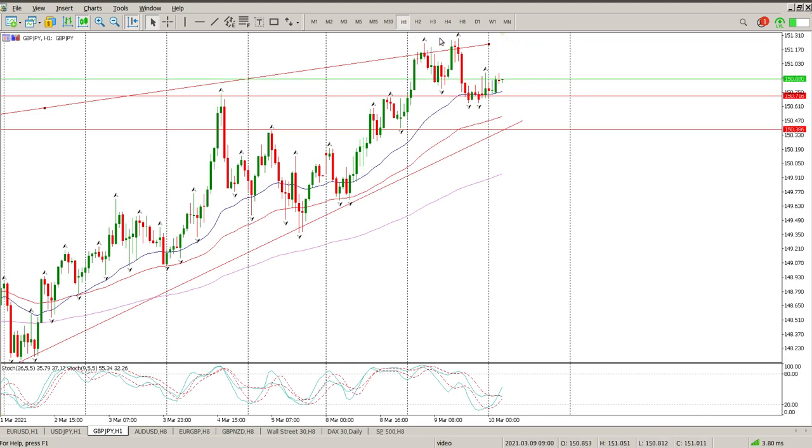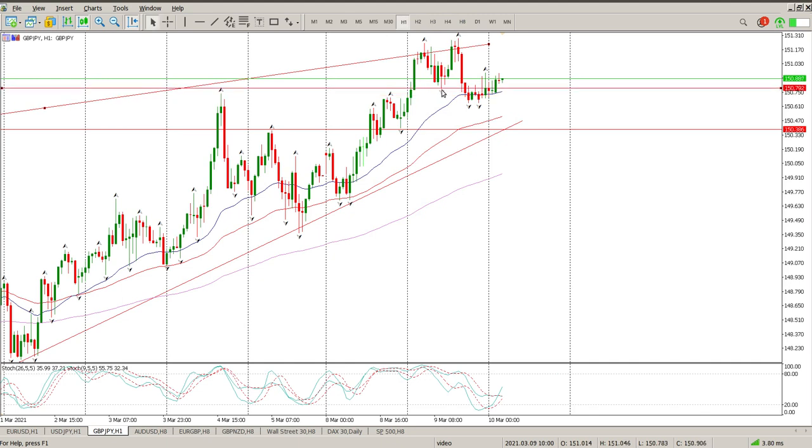happen. Now we've got a double top yesterday on the hour, you can see that, and if I just use this level here, that's the neckline of the double top. We did close below it, so there is a possibility to move to the downside, but the trend is up. So I'm not one that tries to go against the trend, and at the moment that short would be against the trend.